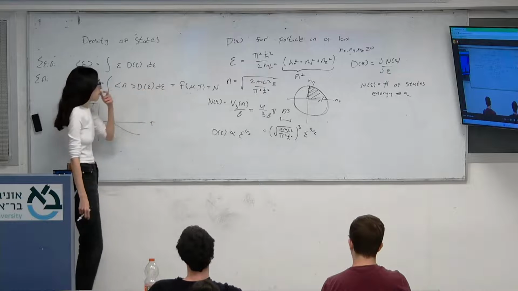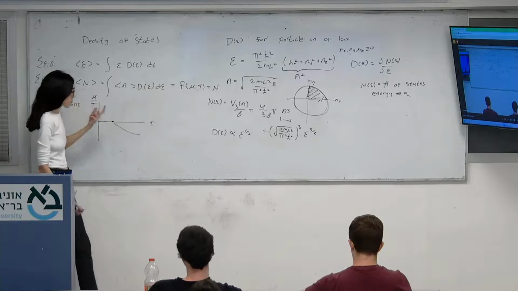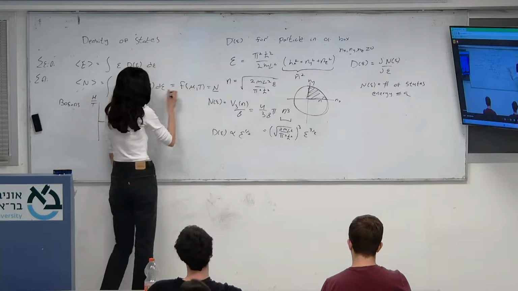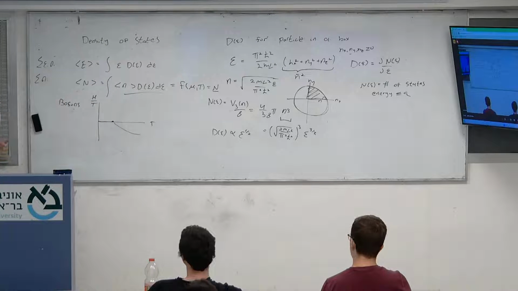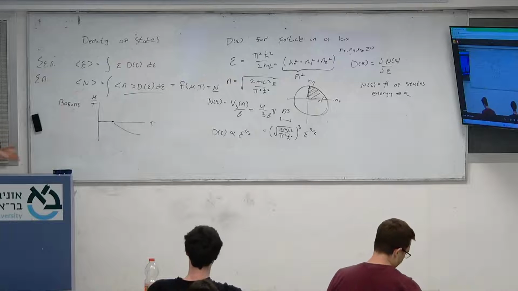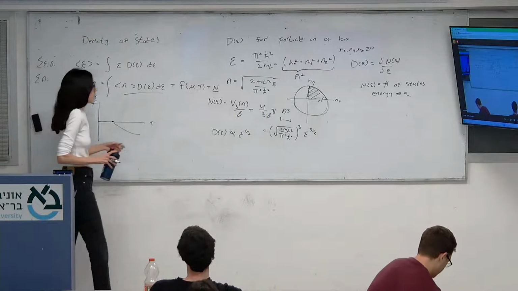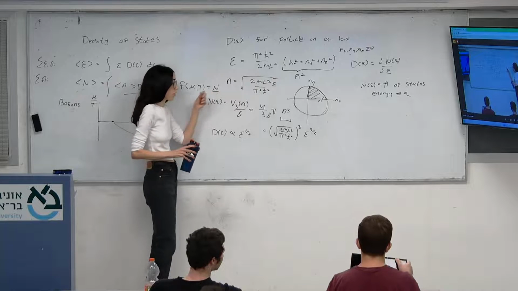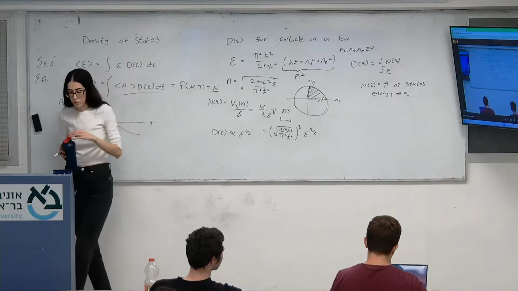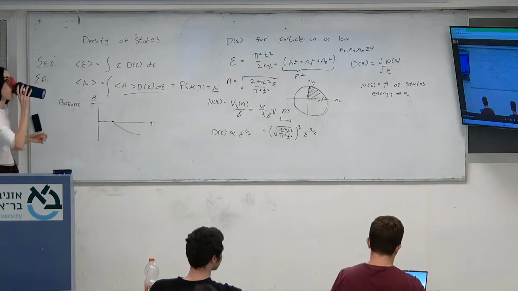The integral is not going to be solvable. So what we're going to actually have is that you don't have conservation of the average number of particles.